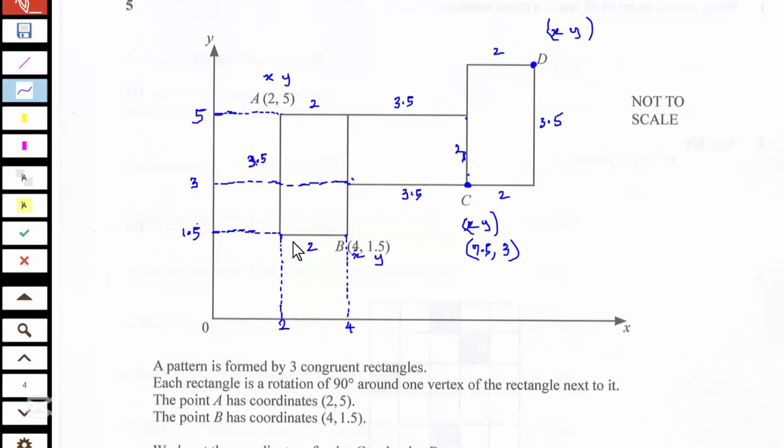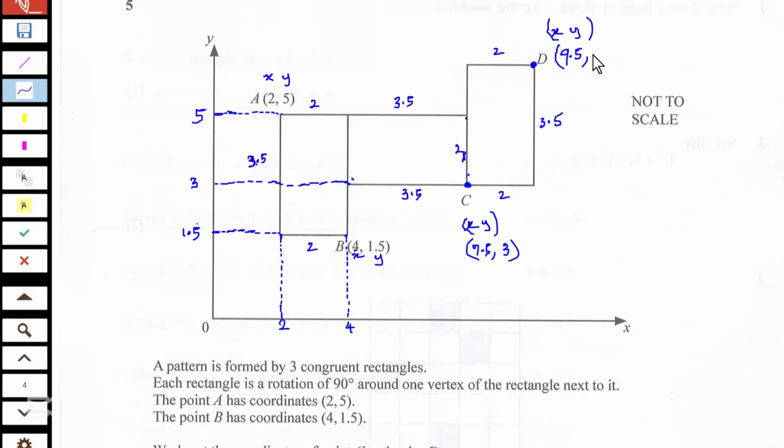Now 2 plus 2 gives us 4. 4 plus 3.5 gives us 7.5. 7.5 plus 2 will be 9.5. So the x value is 9.5.